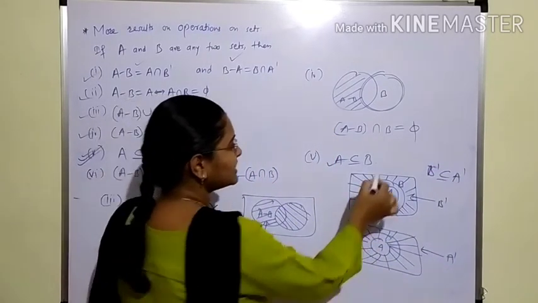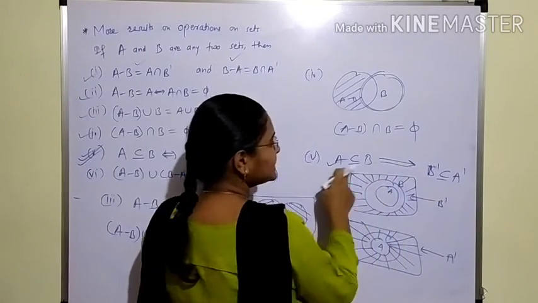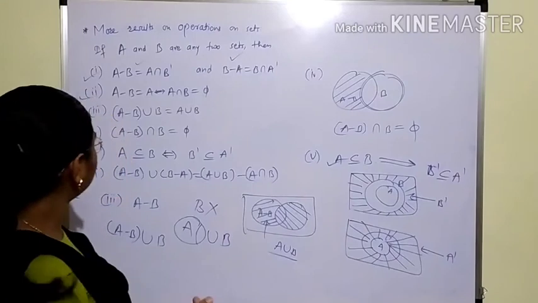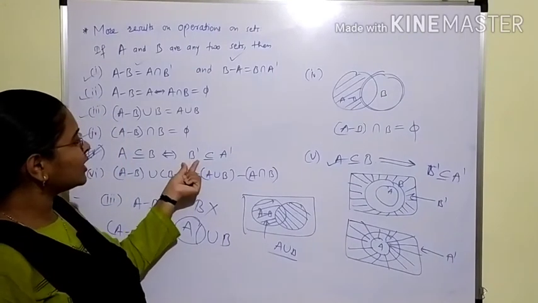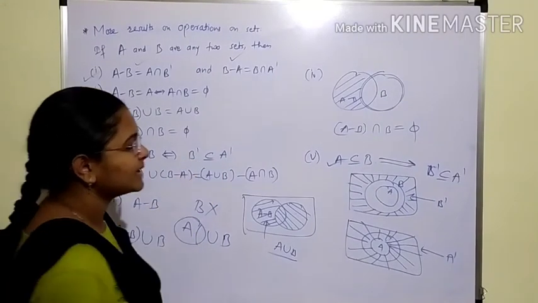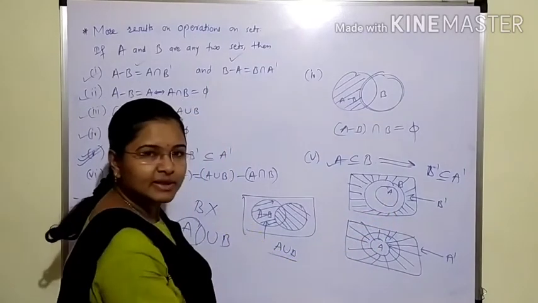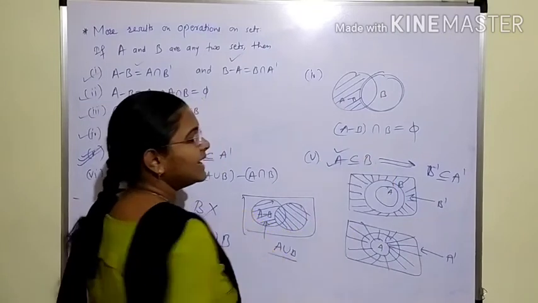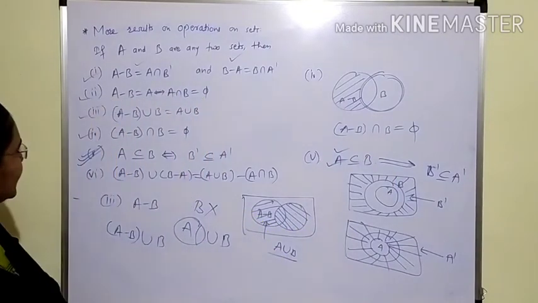Getting? So we have the result: if A is a subset of B, then B complement is a subset of A complement. And reversely also you can consider, if B complement is a subset of A complement, this Venn diagram only will be there. And from this we have A is a subset of B. Getting? Any doubt in this?